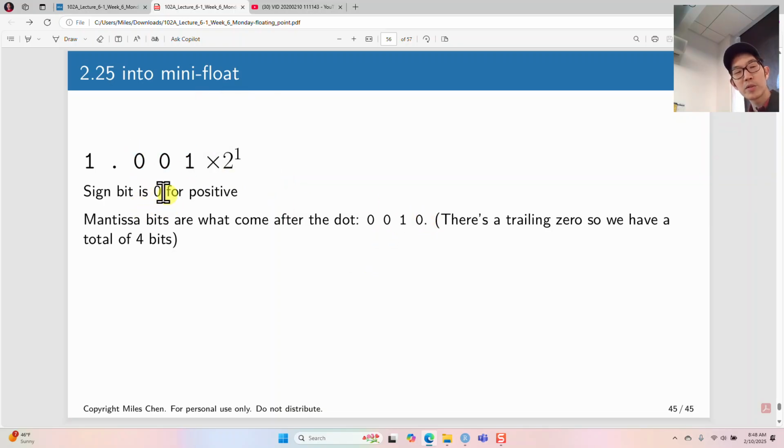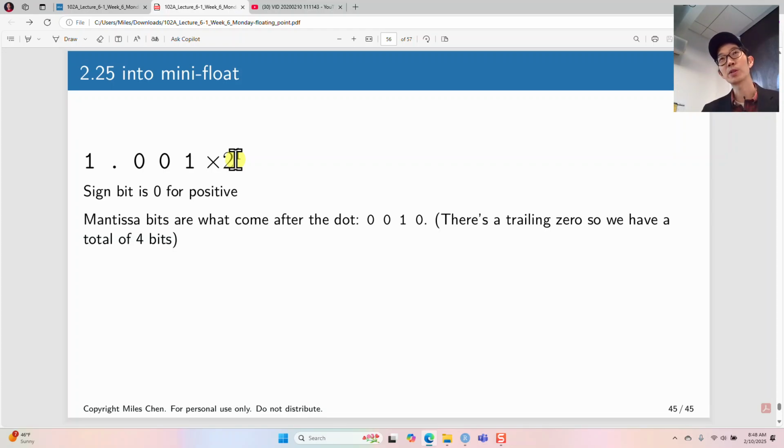The sign bit is 0 for positive, and then my exponent, now I need to store the number 1 as an exponent, okay? So if I'm putting in 1, I have to apply the bias. I have to shift it back by applying the bias of 3. So now the number I need to store is the number 4 in decimal.